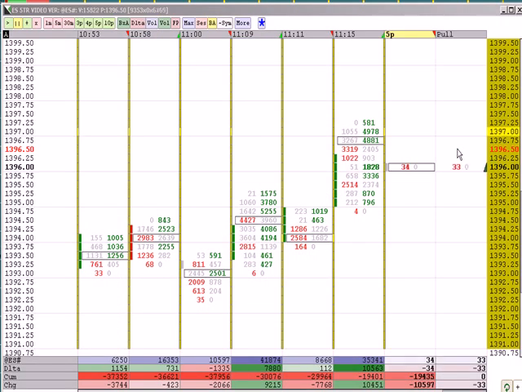So we are out at 13.96.50. That gave us 1 1/4 points on the first contract, and it gave us 3 1/4 points on the second contract, which is a 4.5 point trade. 4.5 points is approximately $225 minus commission.